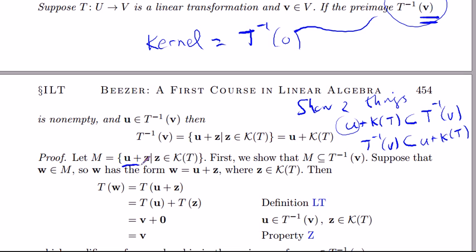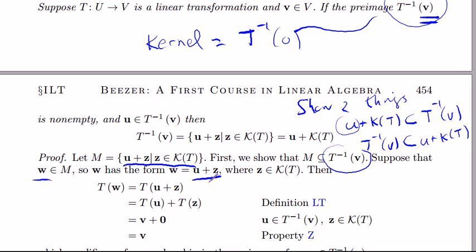So let's consider this set, and we want to show that it's contained in T inverse of V. In other words, we just need to show that every vector in this set maps to V. Now, that's what it means to be in T inverse of V. All right. So let's take W in the set.